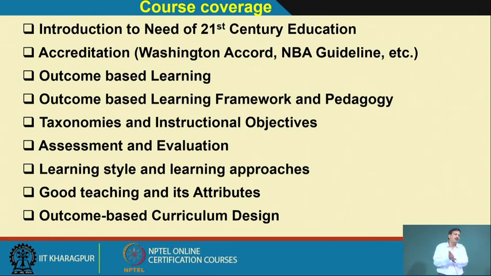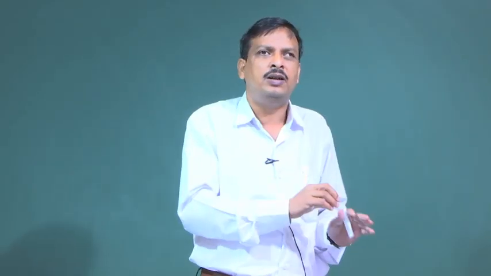It is not that I only cover what accreditation is or how to fill up the NBA document. I will not cover that part that much, but yes, I will cover CO, PO mapping and all the nomenclature, and how to map, the technology or methodology.